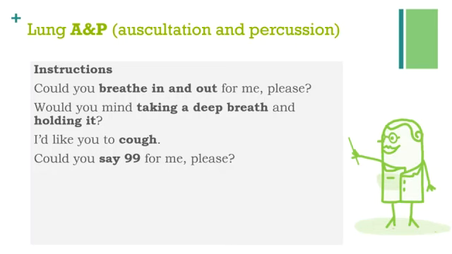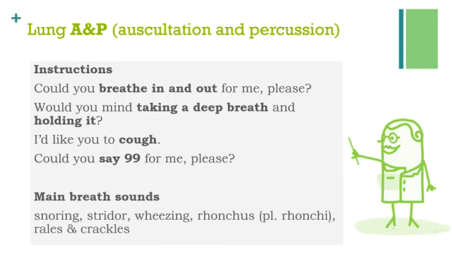During this A and P, you may hear sounds like snoring, stridor, wheezing, rhoncus, rales, and crackles. At the end of the A&P, you will probably need to perform more tests.